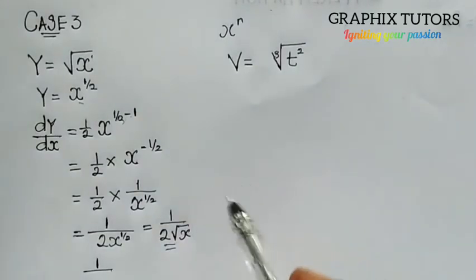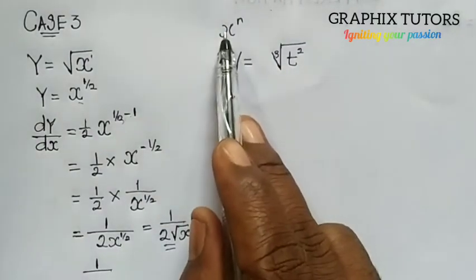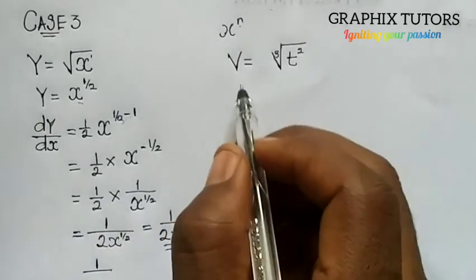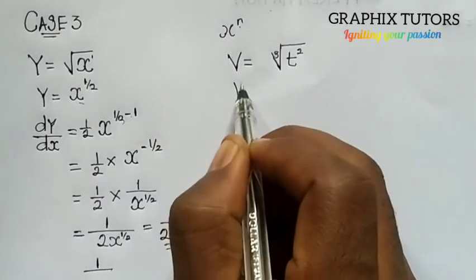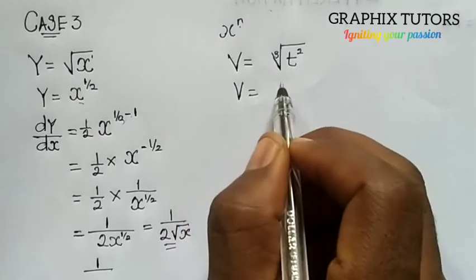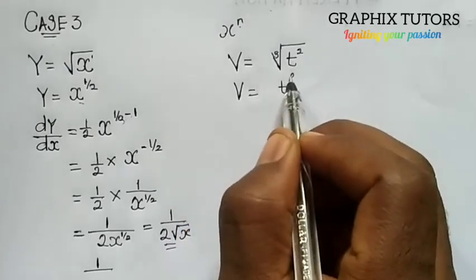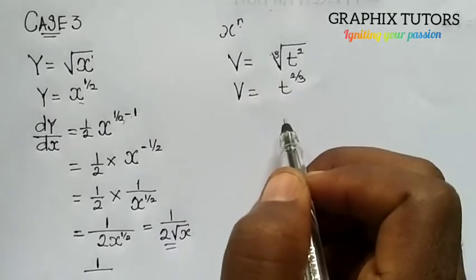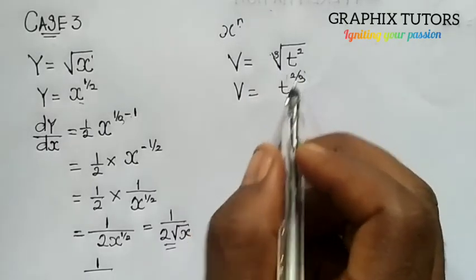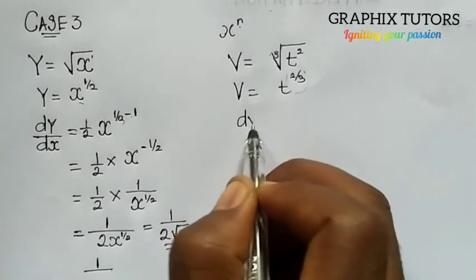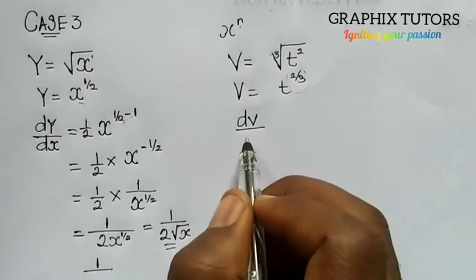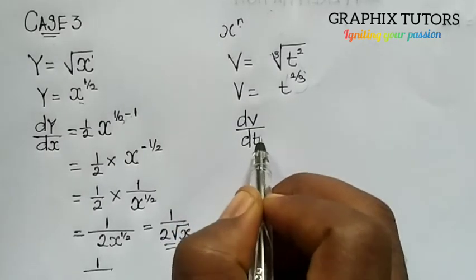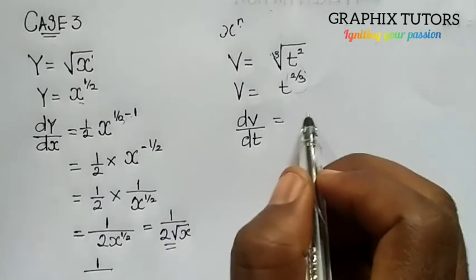First of all, take it to this form so that you'll be able to access the power. So v will now be t to the power of whatever is inside the root, 2 over 3. Since I can access the power now, this will give me dv over dt equals what?